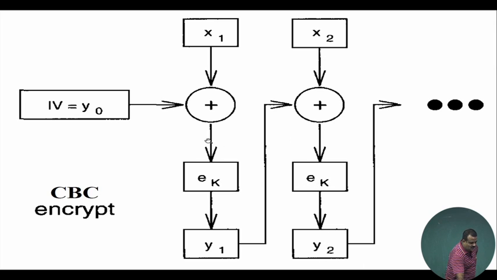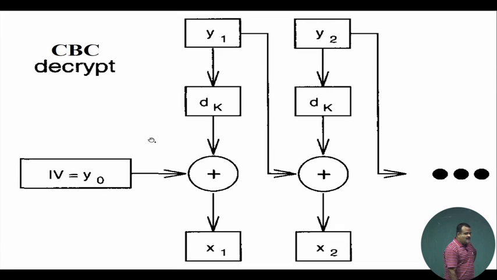So, this is the encryption what we have discussed, and this is the corresponding decryption. So, we are taking this y1, y2, then we decrypt it using the same key, and using this IV XORing we get x1, then y2 we are decrypting and XORing with y1, this we are getting. Okay. So, this is the one mode of operation.